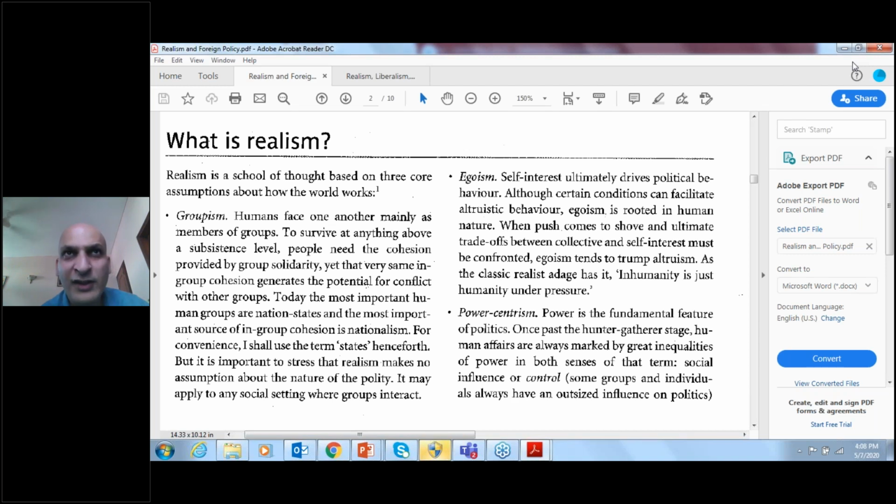One of the generals who fought in this war was a man called Thucydides. He wrote a book called The History of the Peloponnesian War. And this is supposed to be the first classical text of realism. He, for example, does not take the assistance of any kind of superstition or God or divine element.